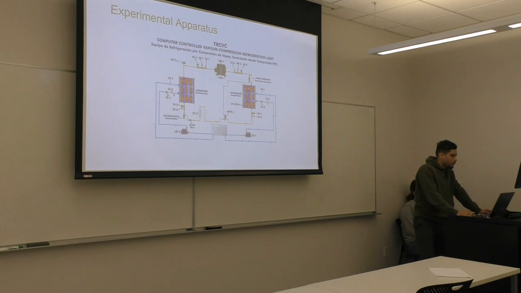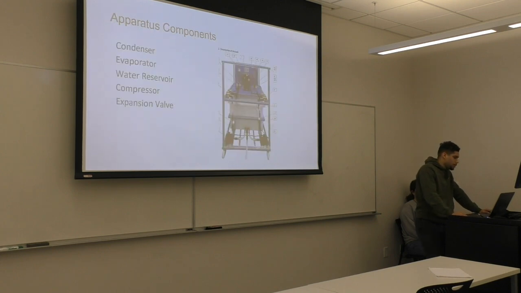So here's our apparatus for the experiment that we'll be doing in the lab. As you can see, there are a lot of complex components associated with this, but the main ones that you really need to be focused on are the condenser, the evaporator, the water reservoir, the compressor, and the expansion valve.